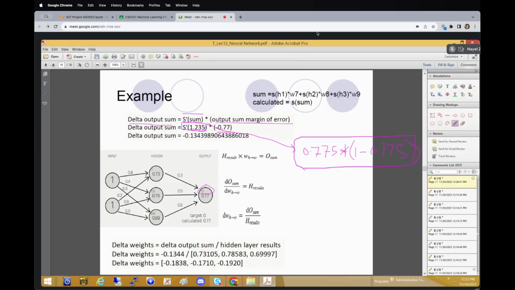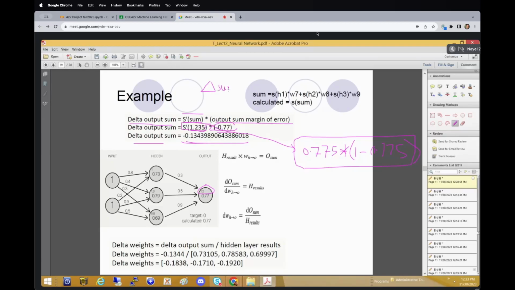This will give us the value of the derivative of the sigmoid of the sum, and times the output sum margin error, we will get our delta output sum, which is minus 0.134398 something. So this is our delta output sum, or you can say this is the delta sum.